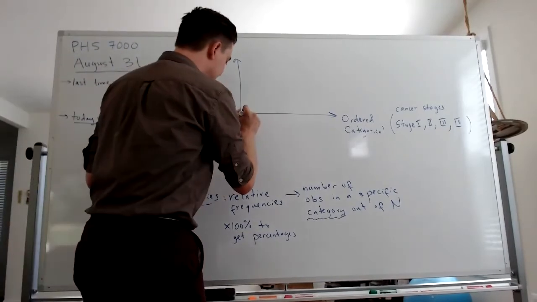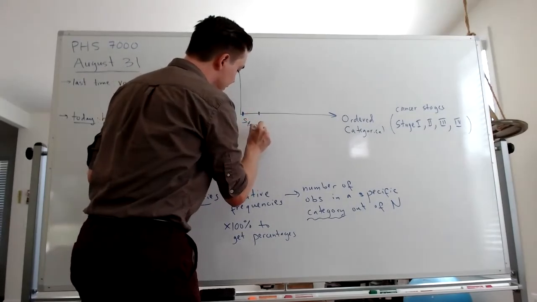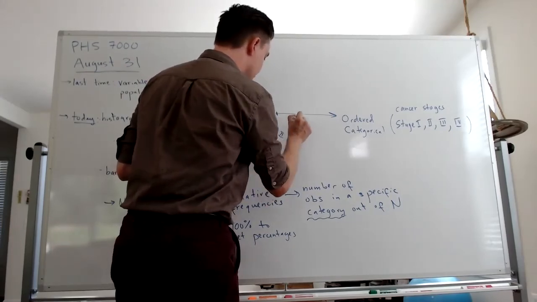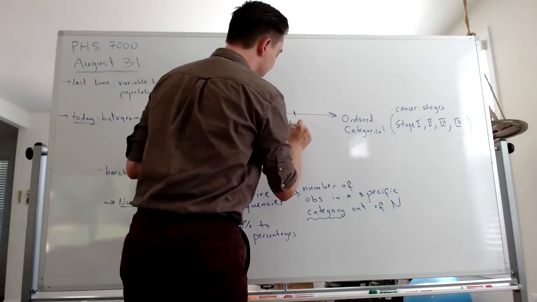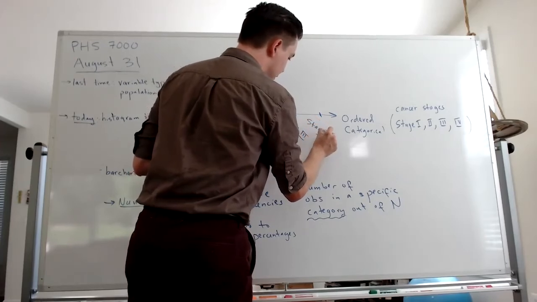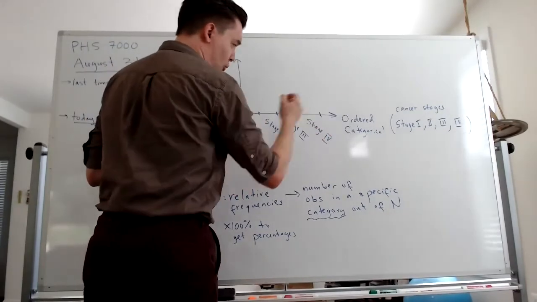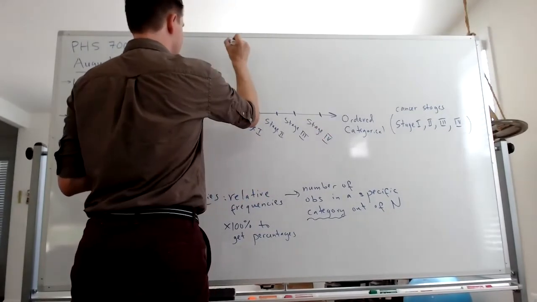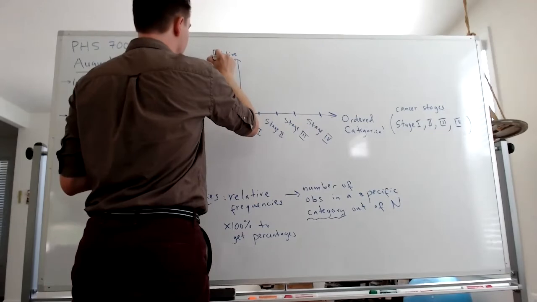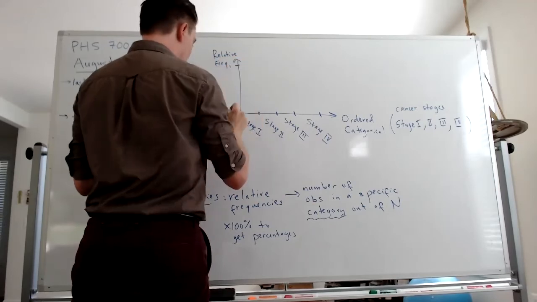Here is the bin for stage 1, and then here is the bin for stage 2. Here is the bin for stage 3. And then here is the bin for stage 4. And we know stage 4 is worse than stage 1. That's what makes it an ordered categorical variable. This is usually a relative frequency, so this is going to be between 0 and 1.